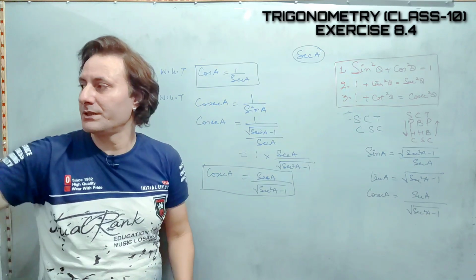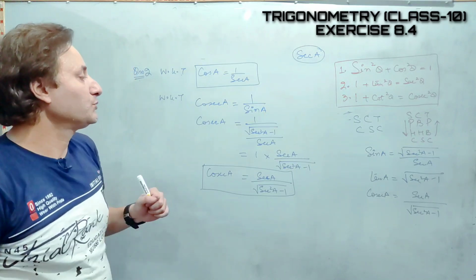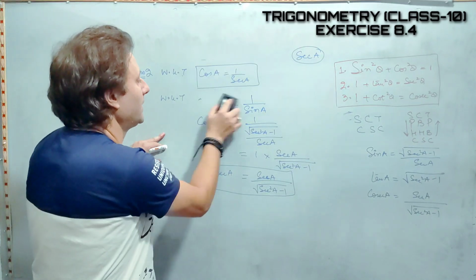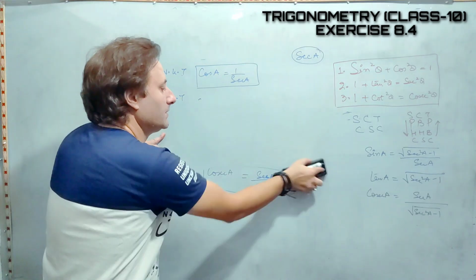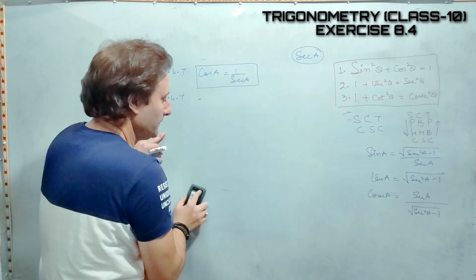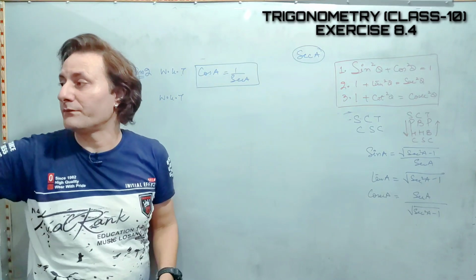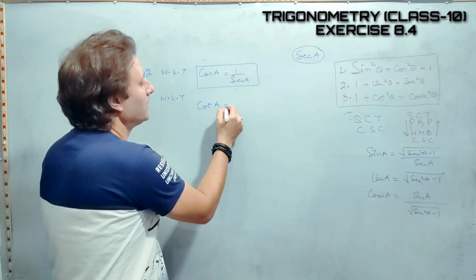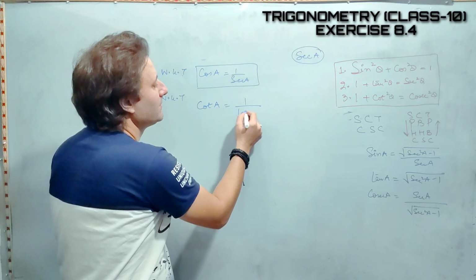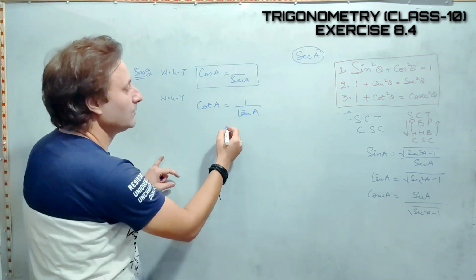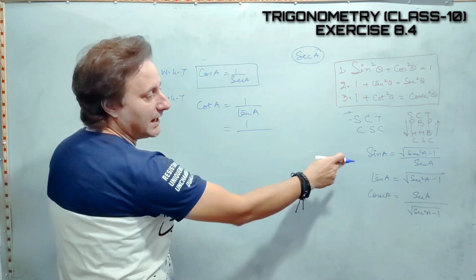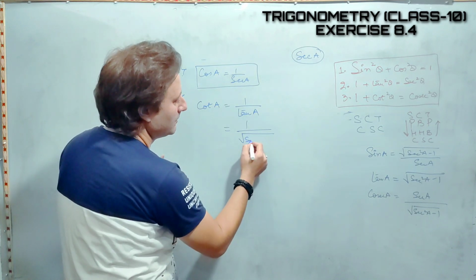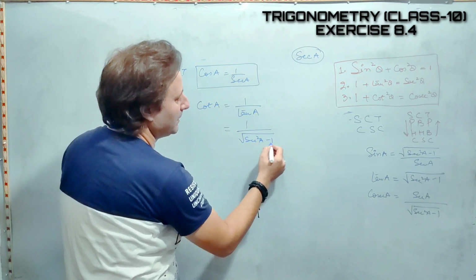Guys, are we done with this? Yes, we are. We are done with cosec as well. Sine, cos, tan, cosec is done. Sec is anyways given there. Now we have to find the value of cot A. Cot A is 1 upon tan A. So 1 upon tan is 1 upon under root sec square A minus 1.